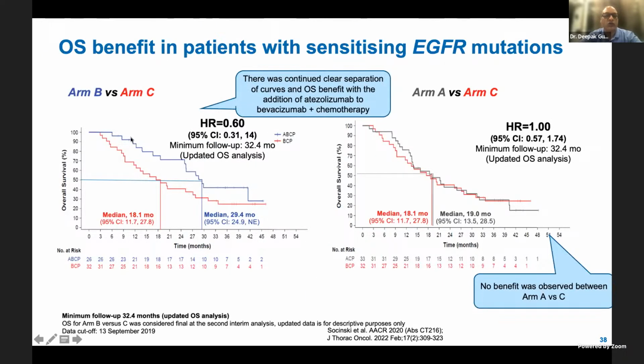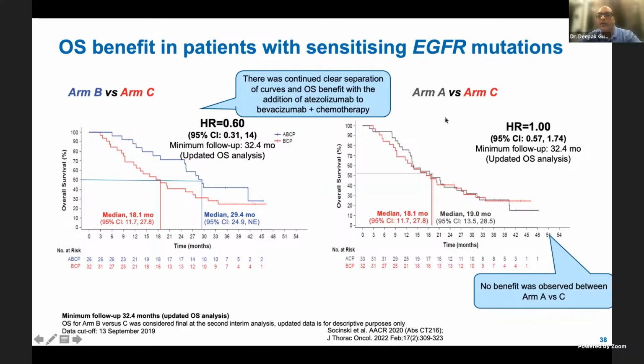And OS benefit was also there in arm B versus arm C. Median was 29.4 months with ABCP and 18.1 months with BCP arm. So there was continued clear separation of curve and OS benefit with addition of atezo to bevacizumab plus chemotherapy.